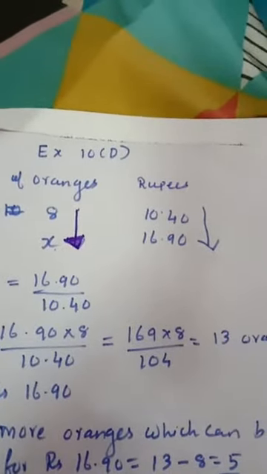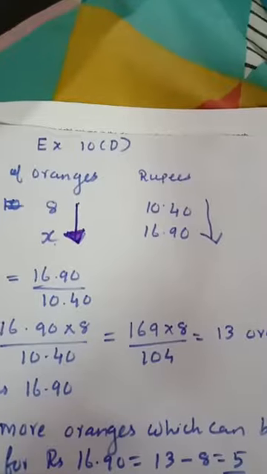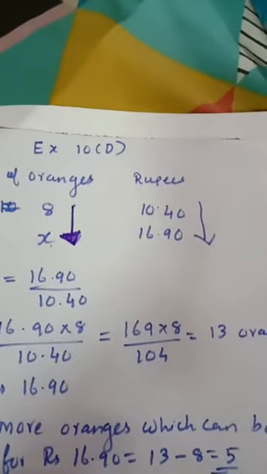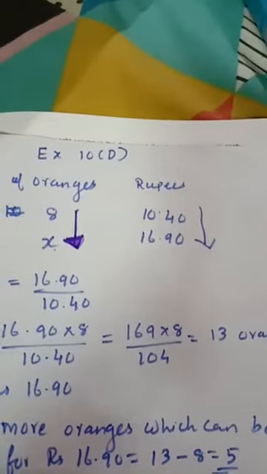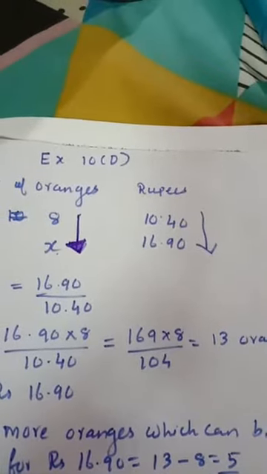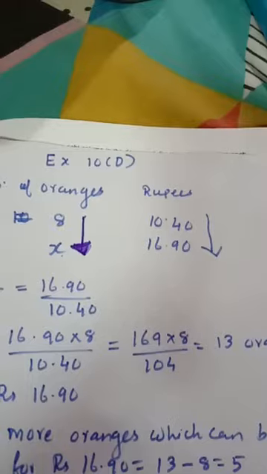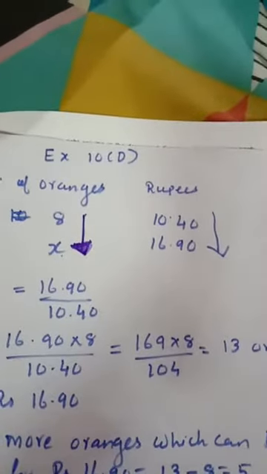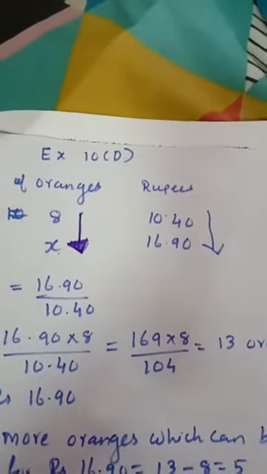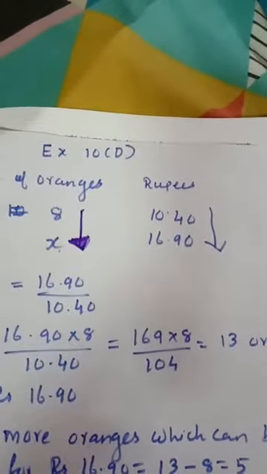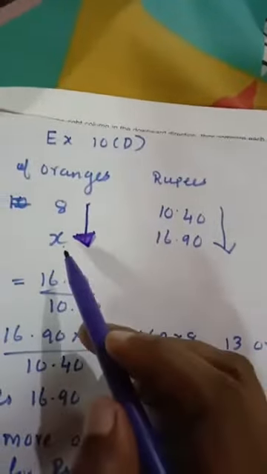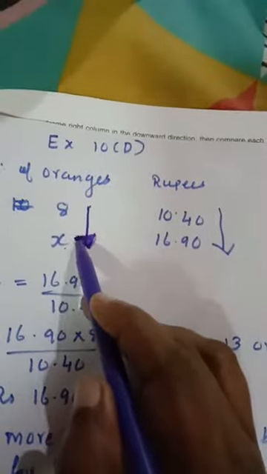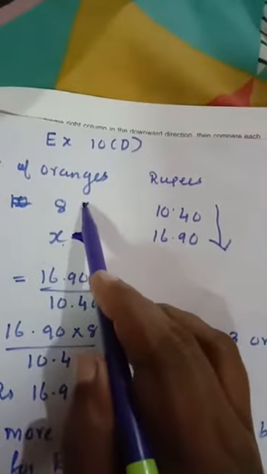And if it is in inverse variation, you can put upward arrow. Direct variation, downward arrow. Inverse, upward arrow. Then here we want to find x, so put the arrow in this direction, downward.